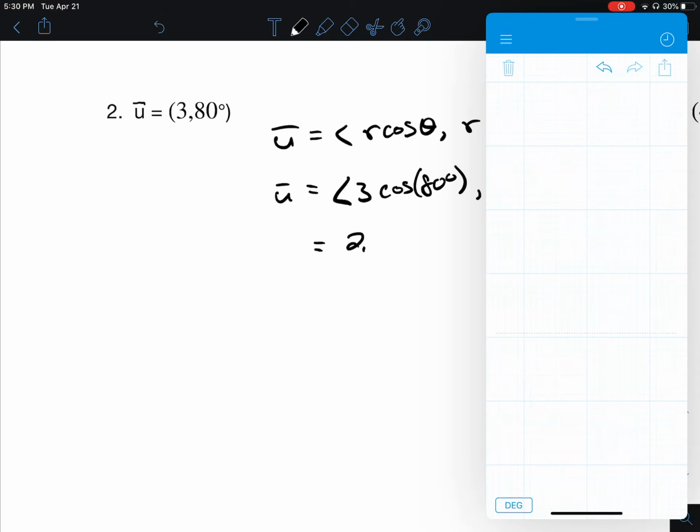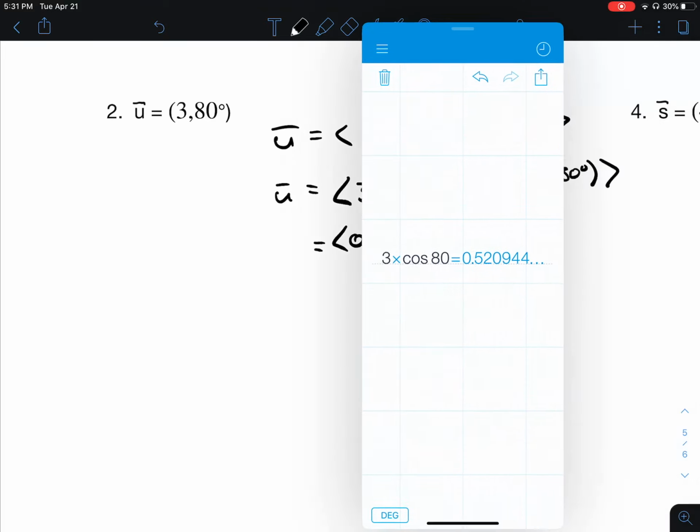Oh, I understand what I did wrong. When I put that degree symbol, it misinterpreted that as an exponent. My apologies. So that would make this 0.5.